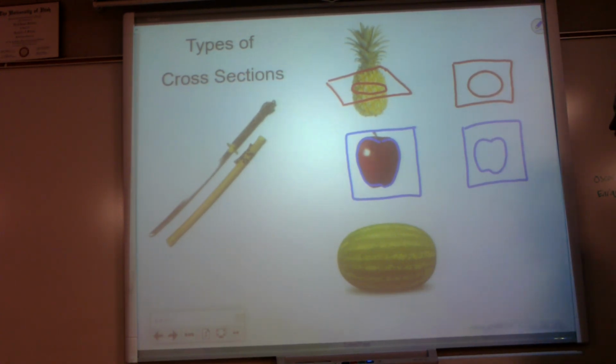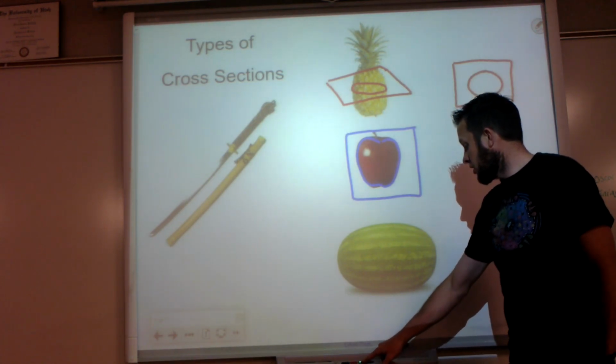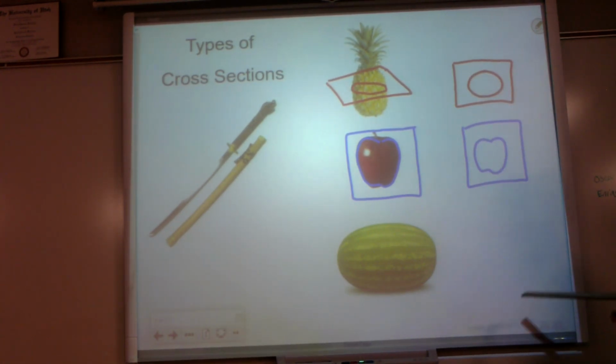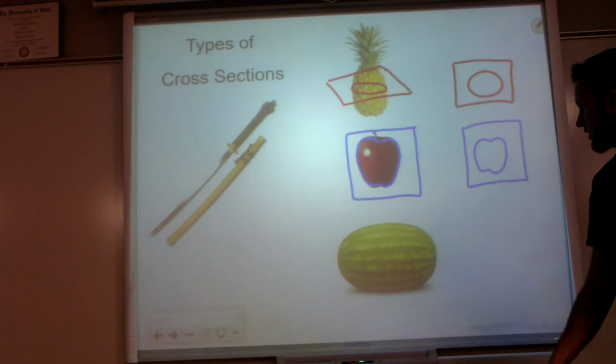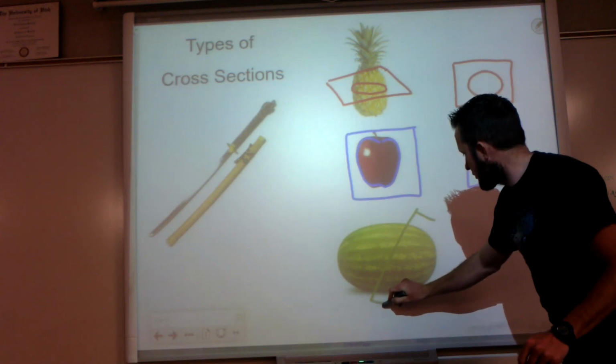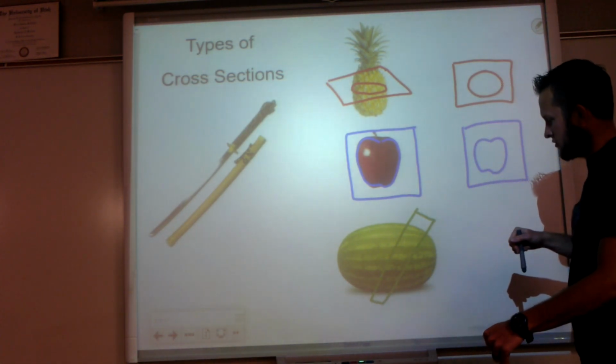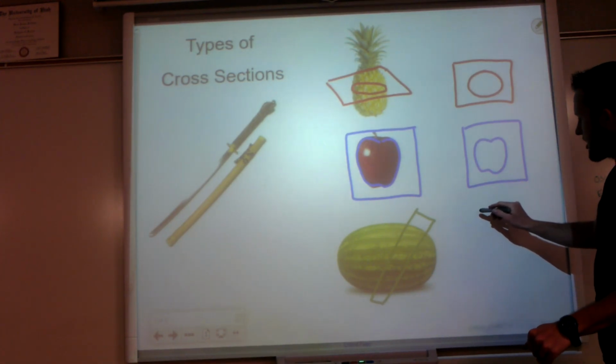So now we've done a horizontal cross-section and a vertical cross-section. What we're going to do with this watermelon is take a diagonal cross-section. I'm going to slice it, hi-ya, like that. So it's going to cut across, down and over. Should have used a different color because that's green on green. But what shape is that going to make?